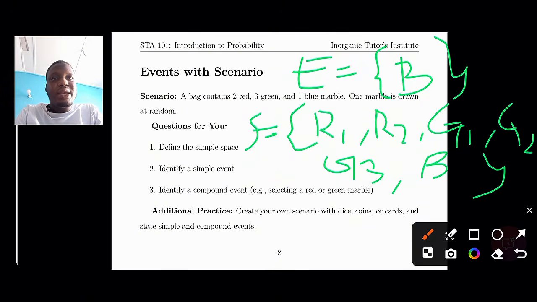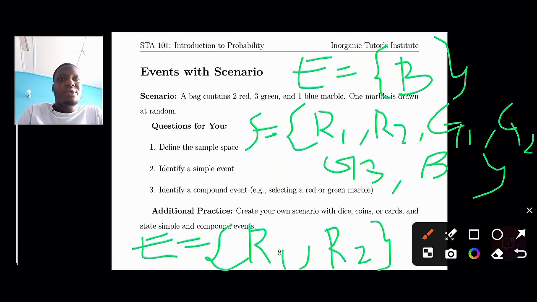So selecting a red marble, for instance, will be equal to either the first one or the second one. Okay, so this is a compound event.